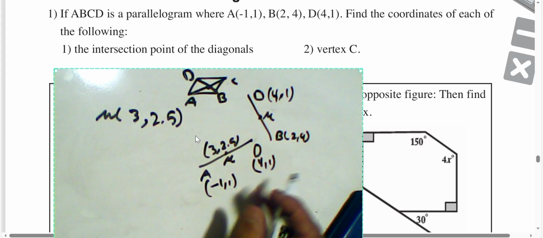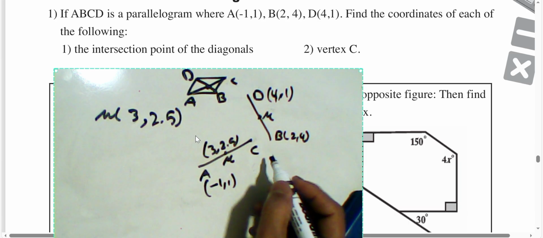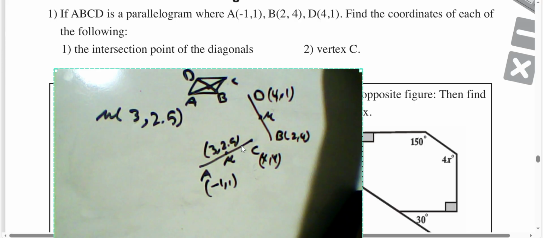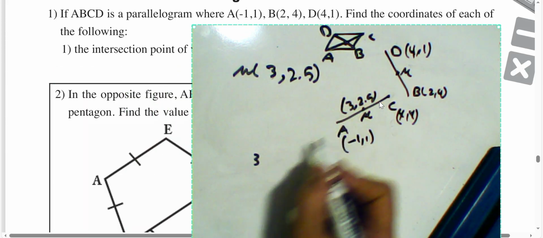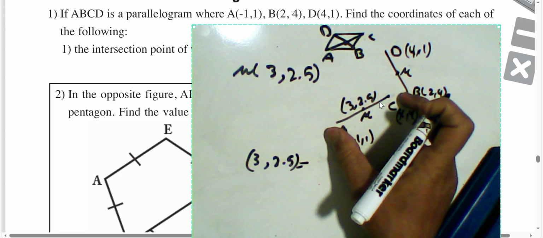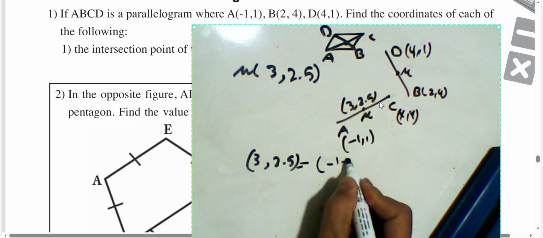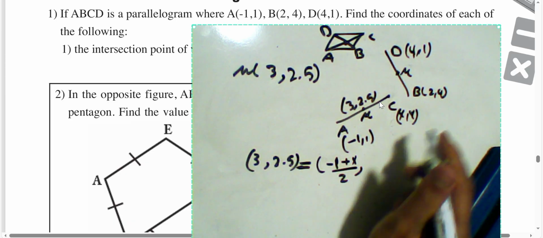I want to find C. Let C be (X, Y). You must start at the point M, which is (3, 2.5). This point is the midpoint of A and C. Then you can write (-1 plus X) divided by 2, and also (1 plus Y) divided by 2.